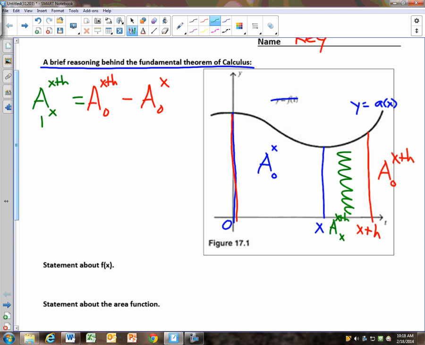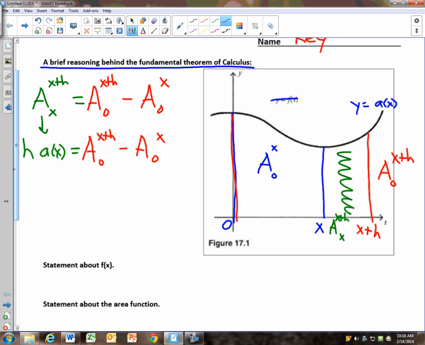So I'm going to rewrite this to be approximately h times, and then you would have to find the height, right? And the height would be the same as that function, a of x, right? So h times a of x would then be equal to what we said, our area from 0 to x plus h minus the area from 0 to x.